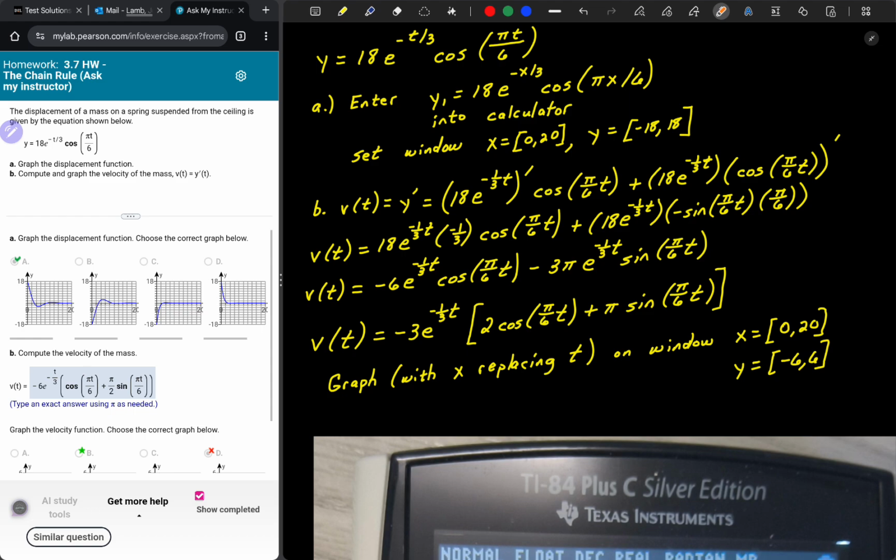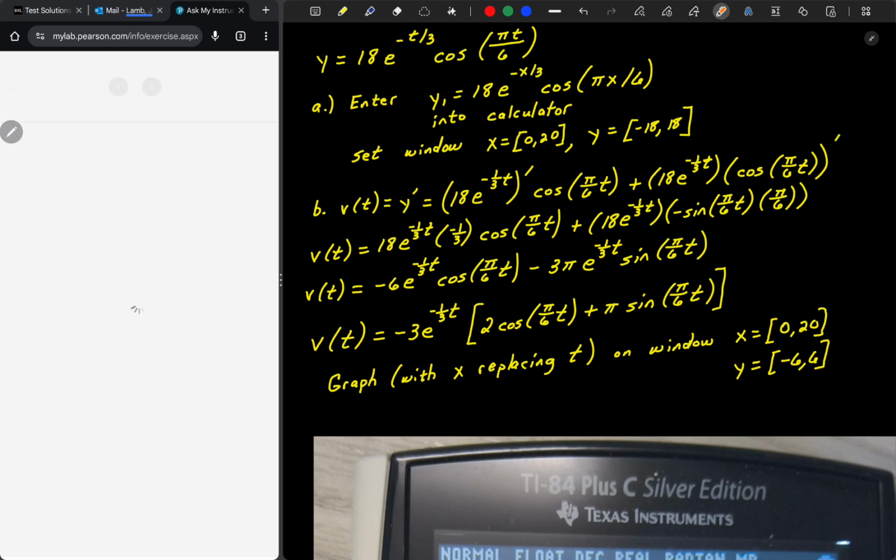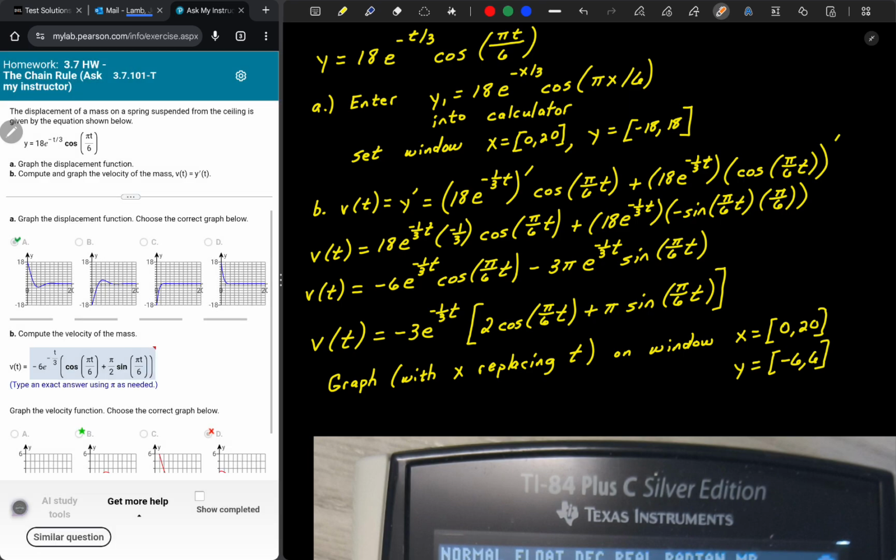And MyLab makes it easy to know what the calculator window should be, because look at all four answer choices on MyLab. All of them had the x components 0 to 20 and the y components negative 18 to 18. So that's what I did, and I was easily able to see that it was graph A here.